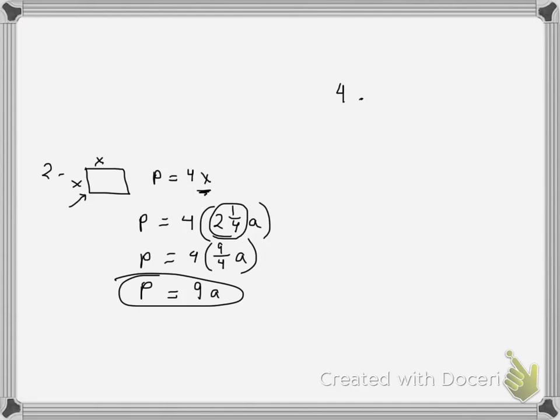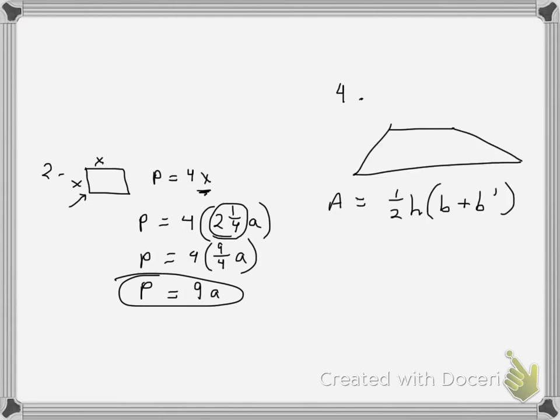A piece of glass is in the form of a trapezoid. The longer base is 2.5d inches. The shorter base is 1 1/4 d inches, and the altitude is m inches. Okay, let's look at that. So I would draw myself, that's a very poor looking trapezoid, I apologize, but my height would be here.